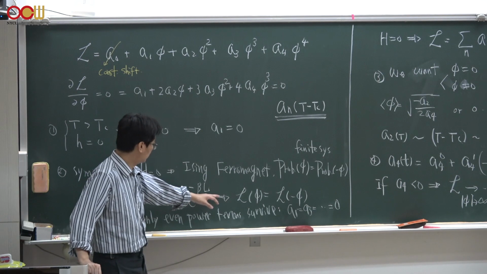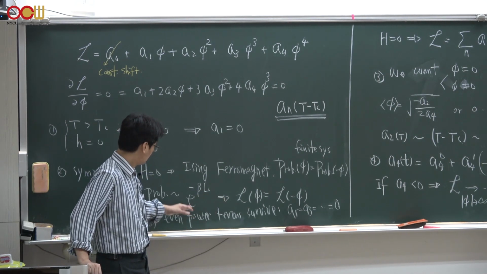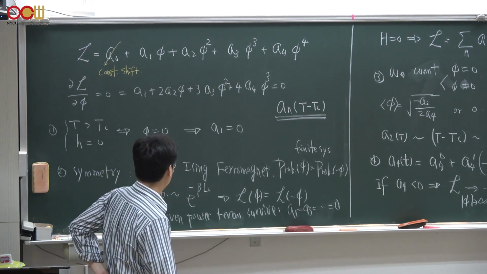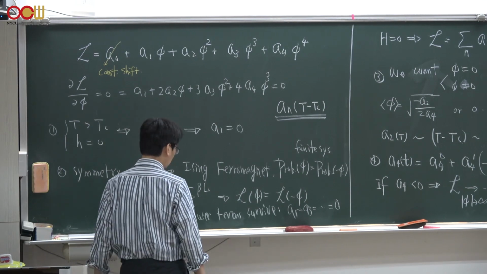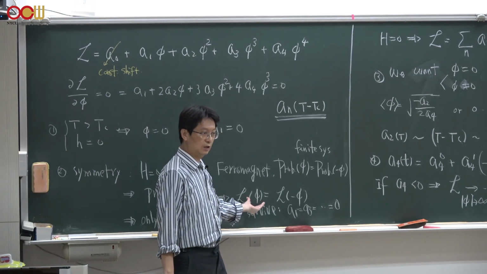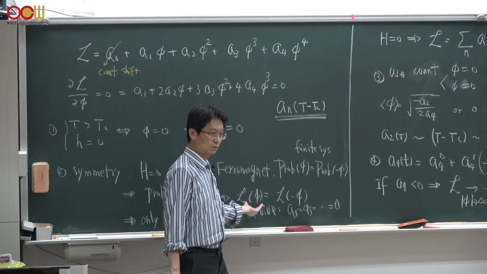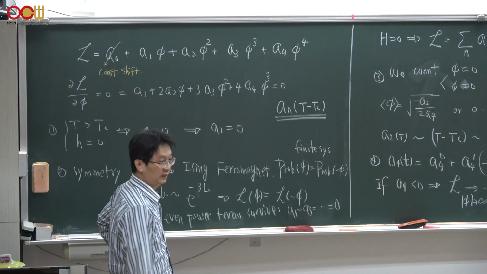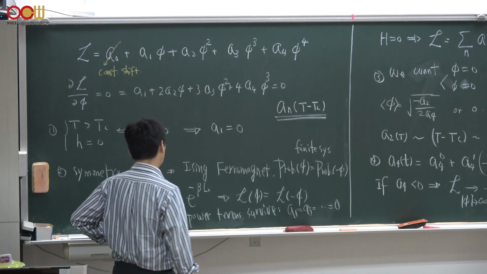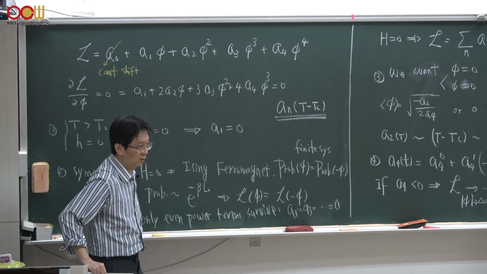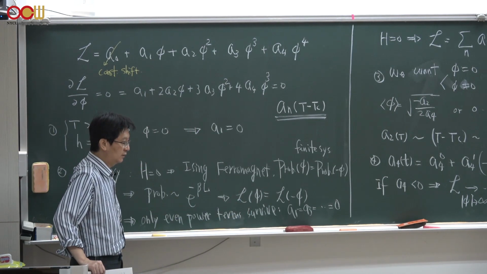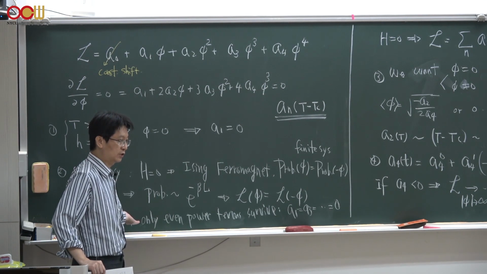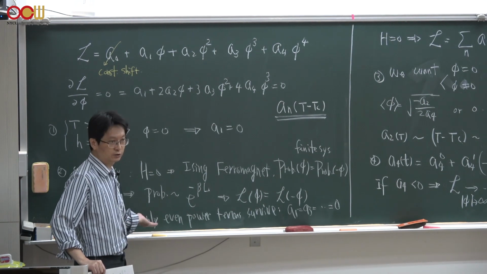As a result, this L, this italic L, which is in the exponent of this probability distribution of finding either plus or minus phi, this Landau's free energy density as a function of phi has that symmetry. So it is the same for plus phi and minus phi. Okay? So in other words, when we have such a symmetry of the Landau free energy as a function of phi and of minus phi, then if we expand this in terms of a power series in phi, only the even power terms survive.